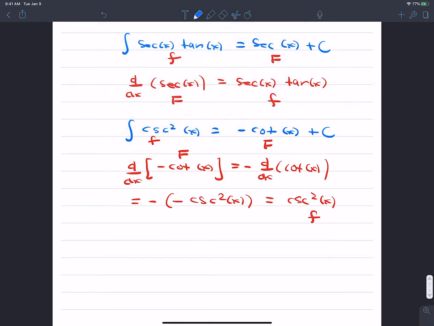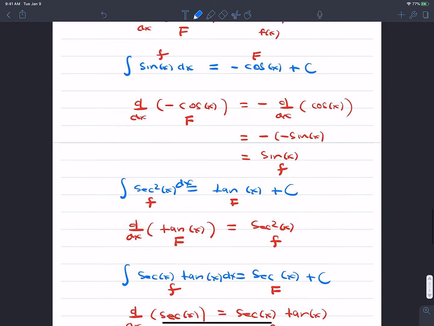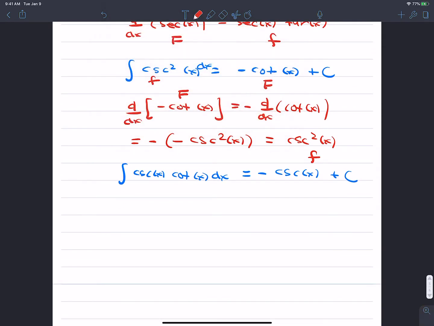Okay, and what was the last one? Let's see if you guys remember the last one here. Anybody remember the last one? It's related to all of these up here. They're very similar. We forgot a dx here. Oh, we've been forgetting our dx. Not good. Coffee's not even kicking in. Okay. What's the last one? Remember this one? Cosecant cotangent. Let's put the dx. What was this? Is that minus cosecant? Okay. So remember, what were the details here?